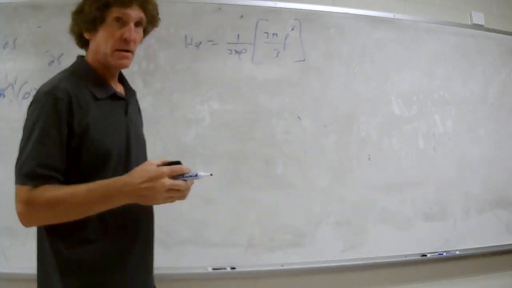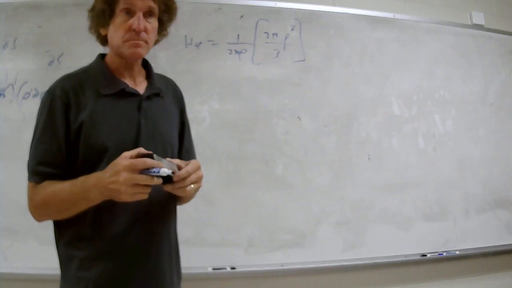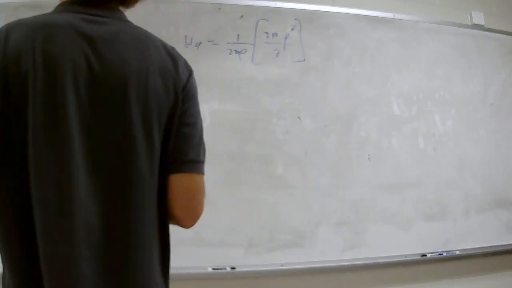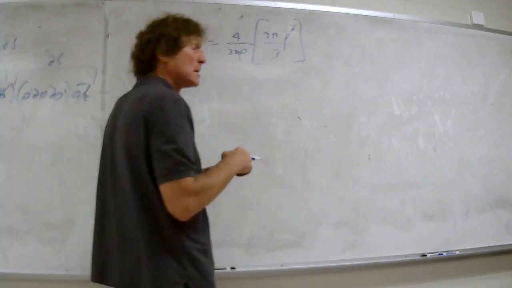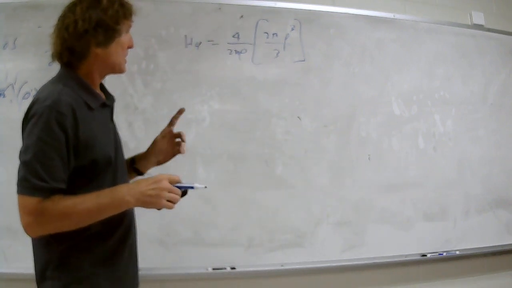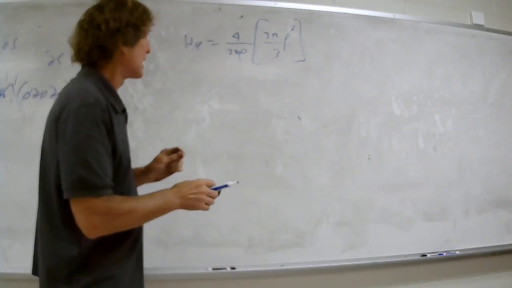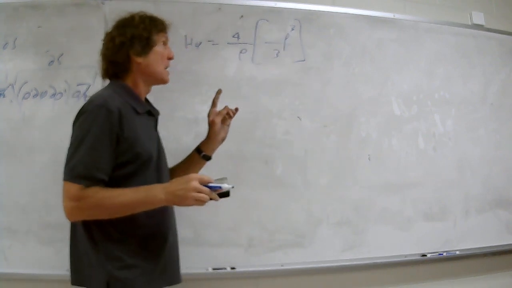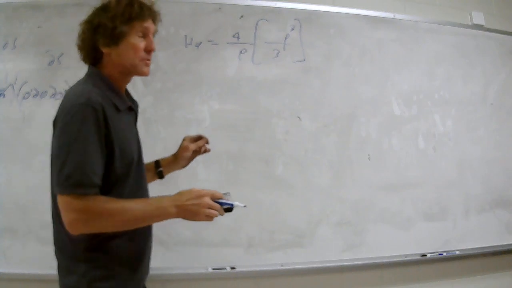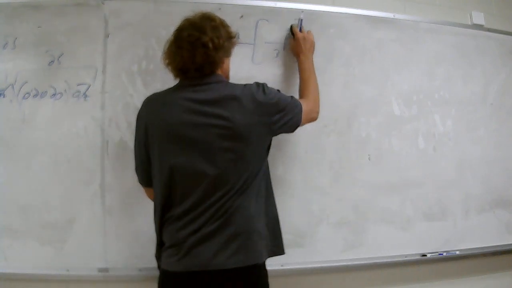You agree with that? You dropped a 4. Yes, times 4, but besides that, I agree. Good. I'm going to get rid of the 2 pi, and you can see rho into rho cubed is going to be rho squared up top.